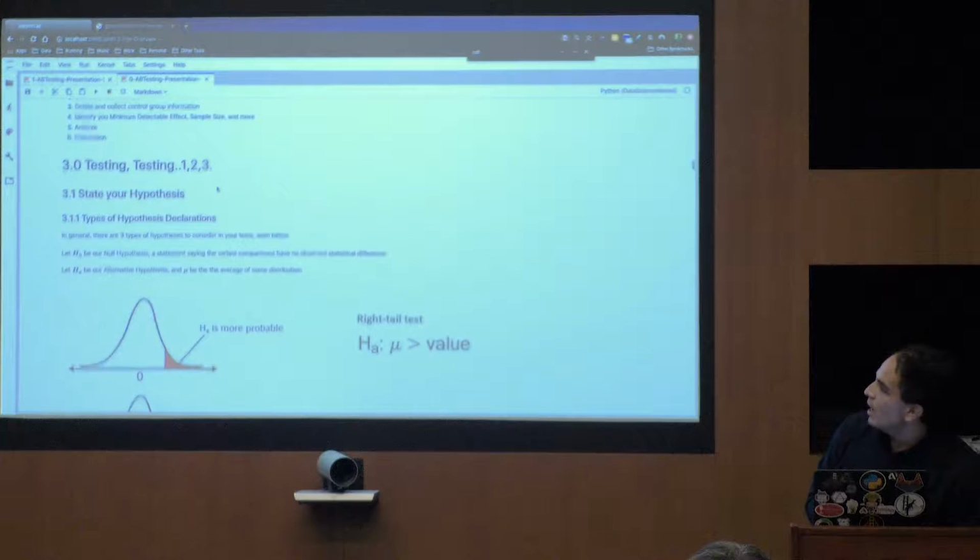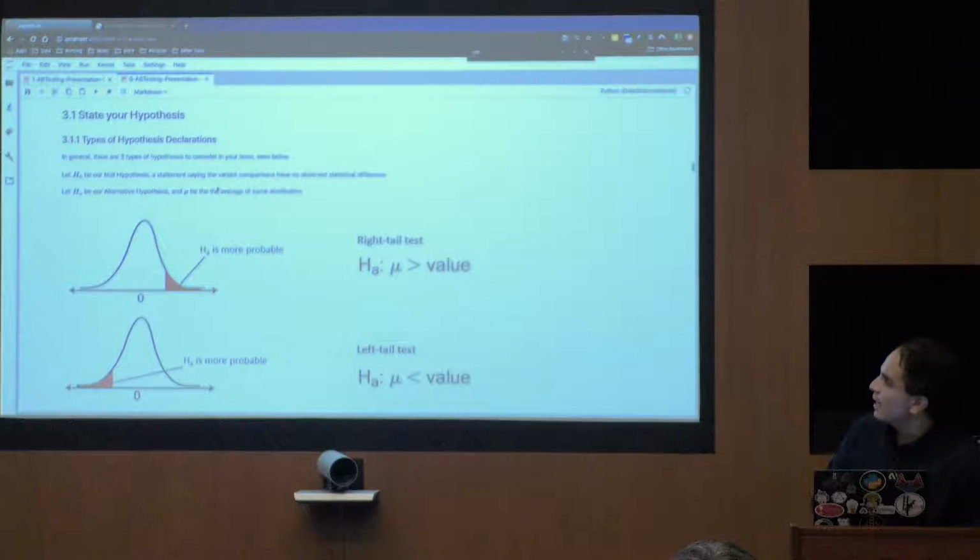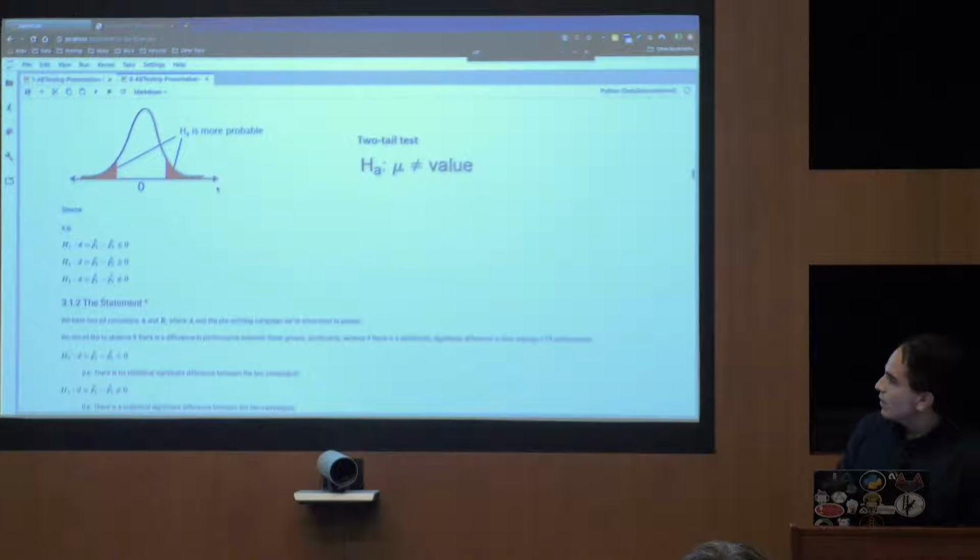So here, state your hypothesis. There are three different types of declarations for your hypothesis test. Cool.